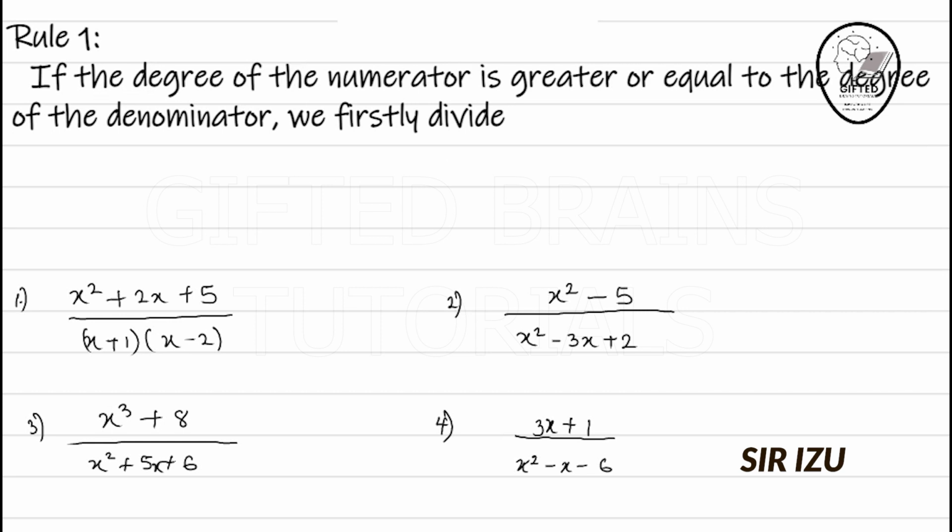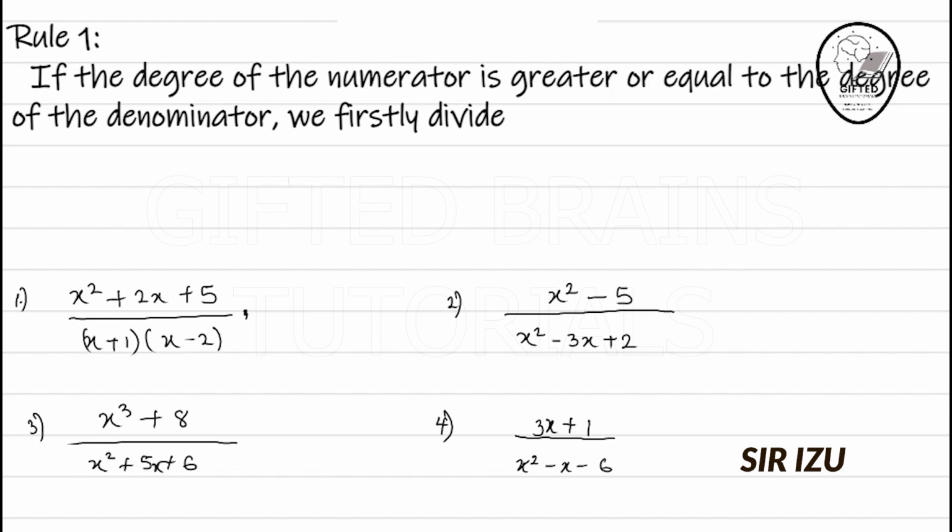The rule number 1 says that if the degree of the numerator is equal to or greater than the degree of the denominator, we firstly divide. Now, let me explain what this rule number 1 is saying. As you look at the fraction here, you notice that the degree of the numerator is 2, meaning that the highest power of x is 2, or x is raised to power 2 here, so it's degree 2.